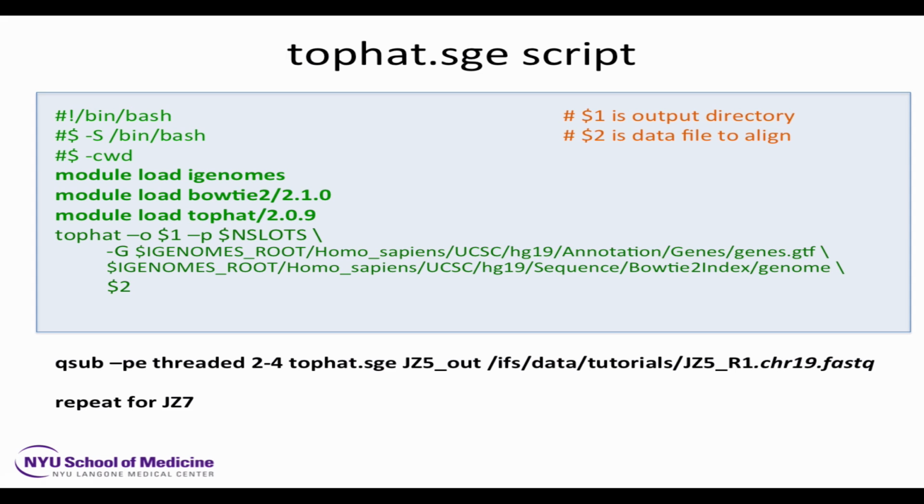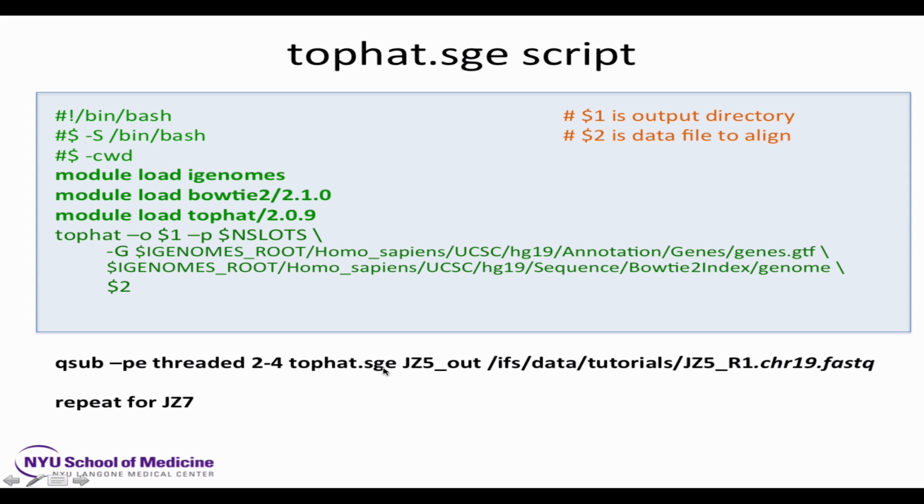So that's fine. If you all submit with just 2 to 4 processors, then the name of the script. I called mine tophat.sge. You can call yours whatever you want, but put the name you made here. Then the name of an output file. This becomes $1. It's the first thing on the command line after the name of the script.